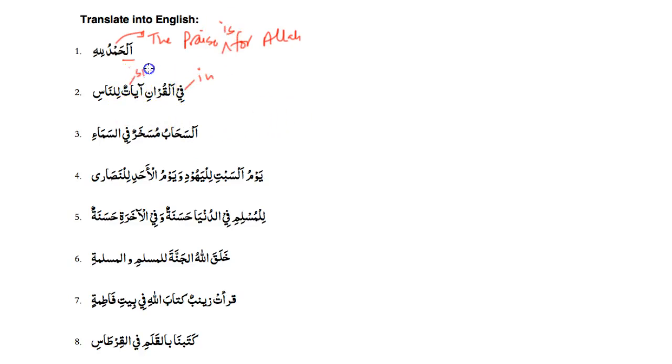Ayat is signs. And linnas for the people. So, in the Quran, signs for the people. So here we're going to add an are. In the Quran are signs for the people.